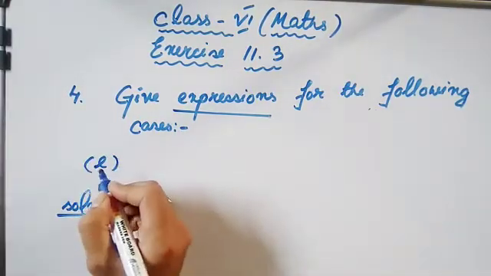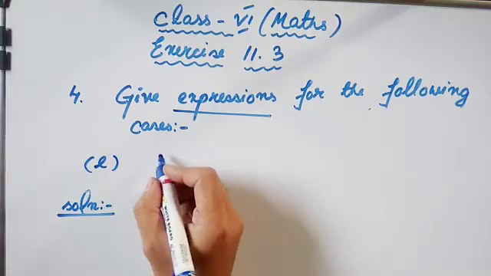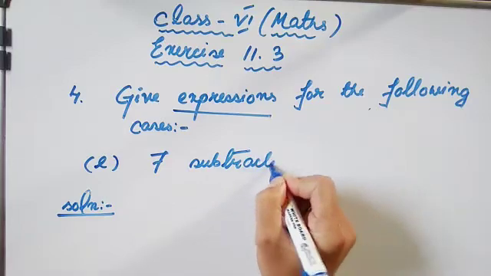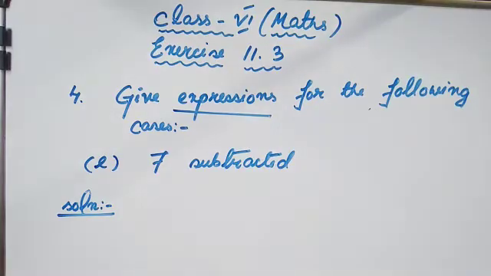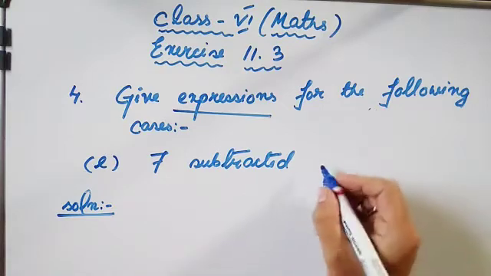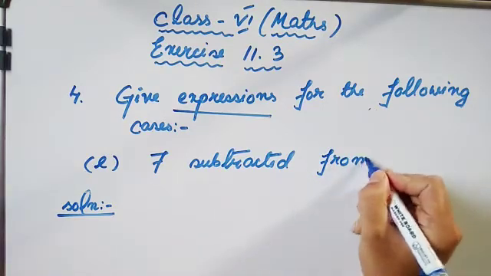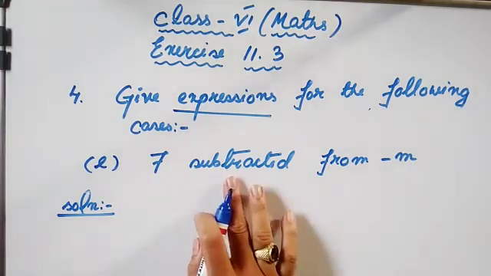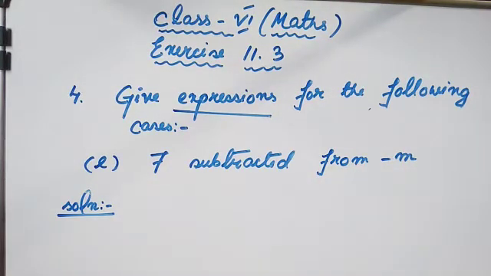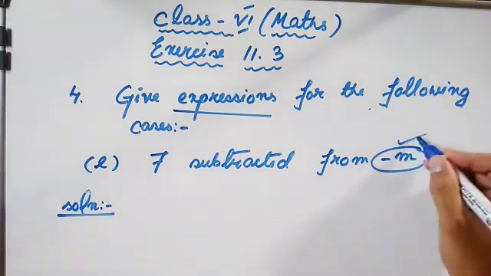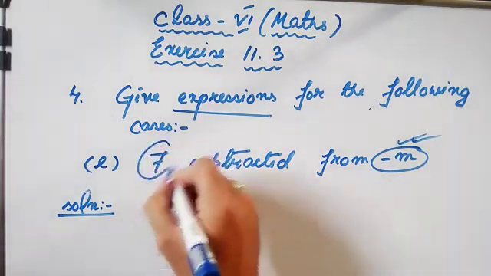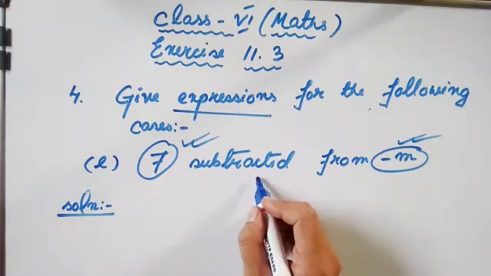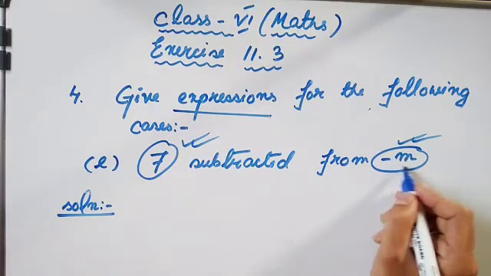Question number E says, 7 subtracted from minus m. Understood? So here our variable is minus m and the number is 7. So 7 will be subtracted from the variable minus m.